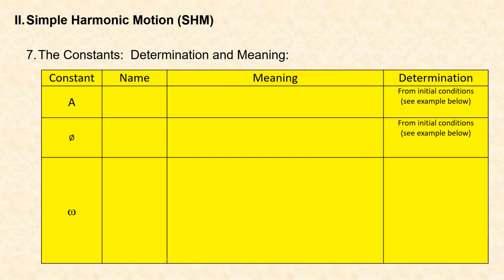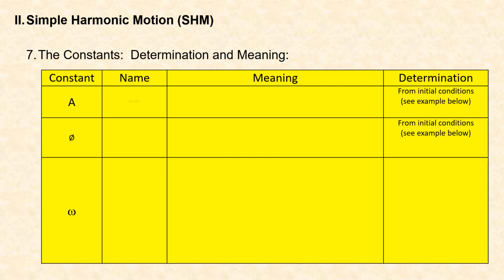Let's talk briefly about what they mean, and then how each of these constants can be determined. Because in order to specify the oscillation, that is to describe exactly what the oscillation or vibration looks like, we need to know values for these three physical constants.